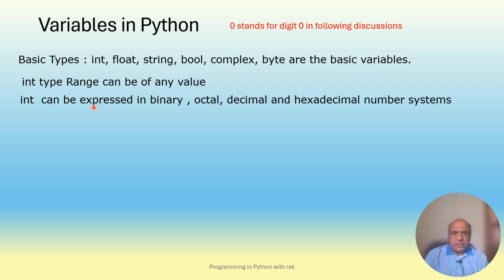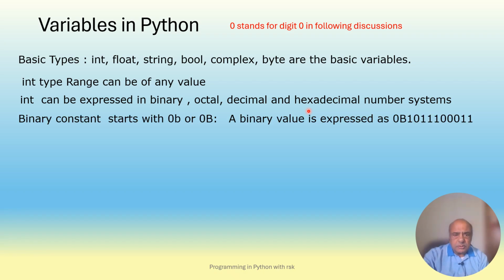An int variable can be expressed in binary, octal, decimal, and hexadecimal number systems. So, an int variable can have the form of either a decimal number or a binary or an octal or a hexadecimal.